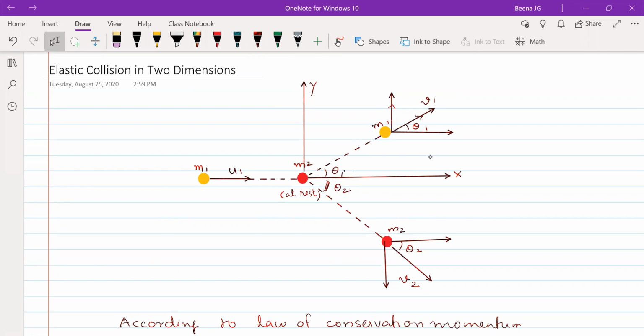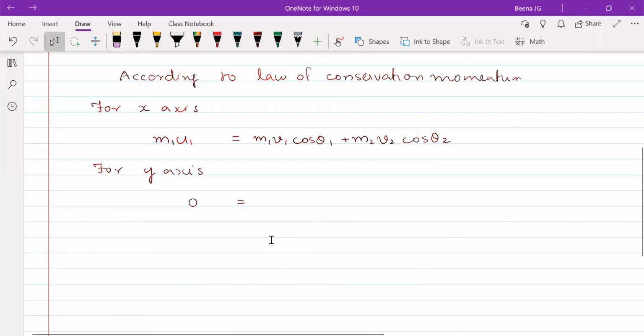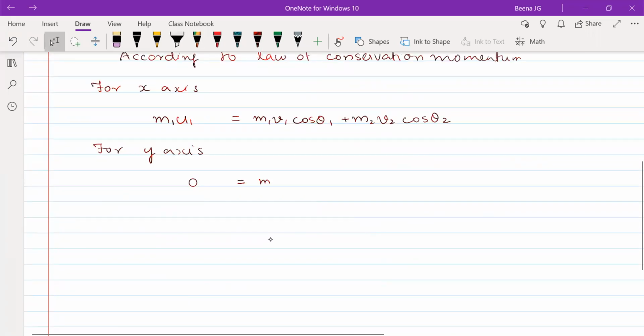So the y component will be m1 v1 sin θ1.